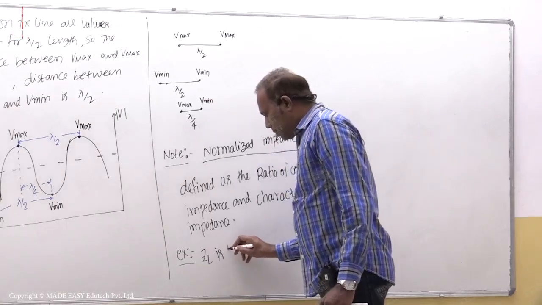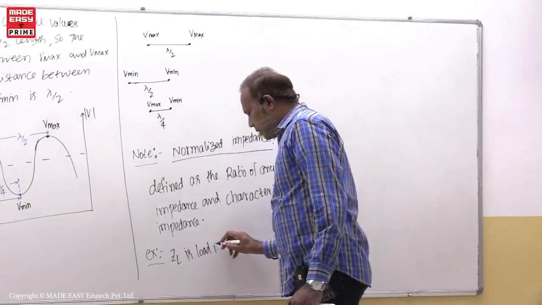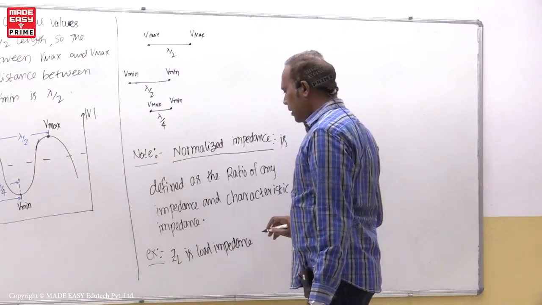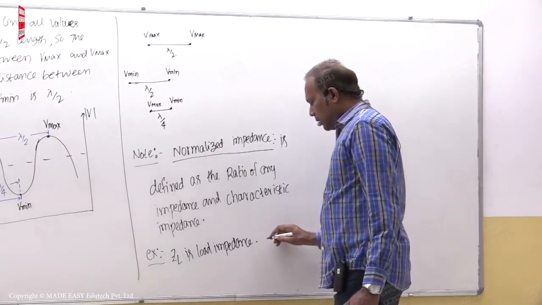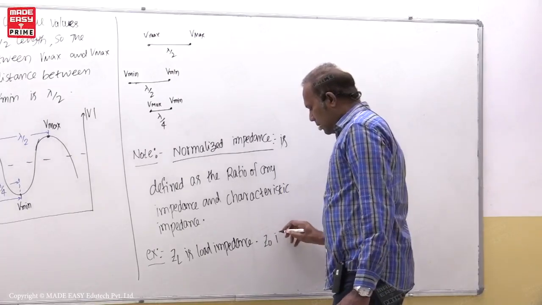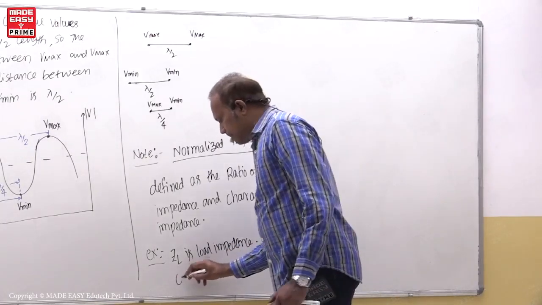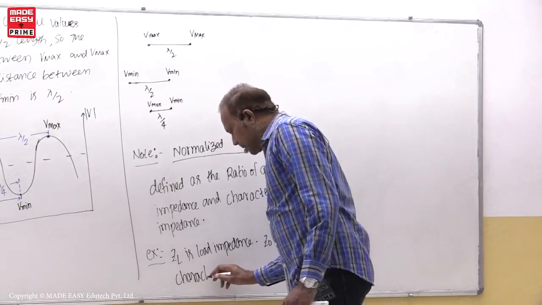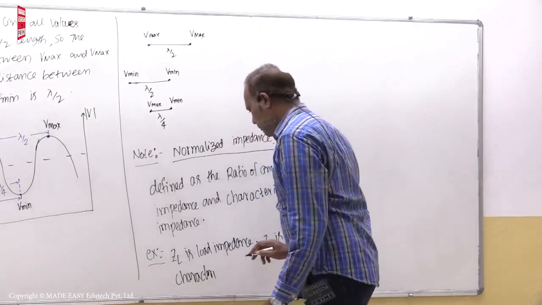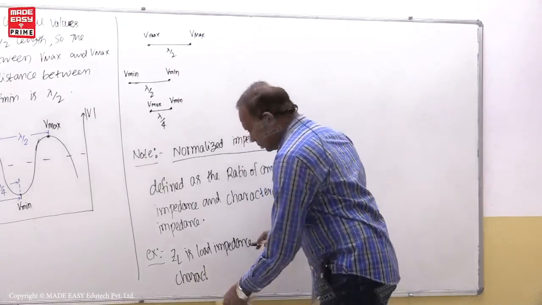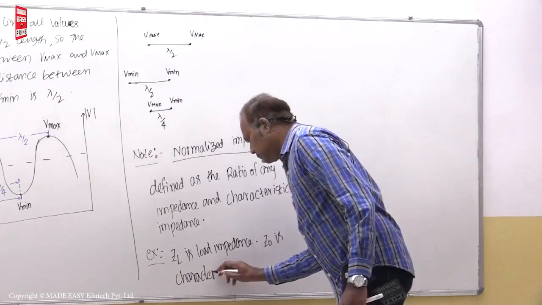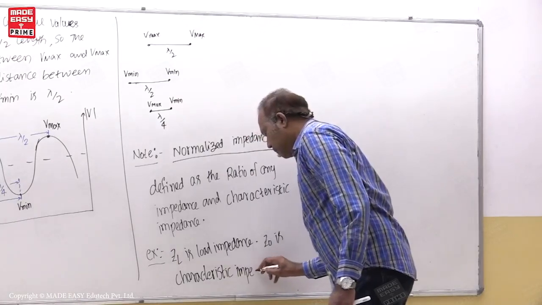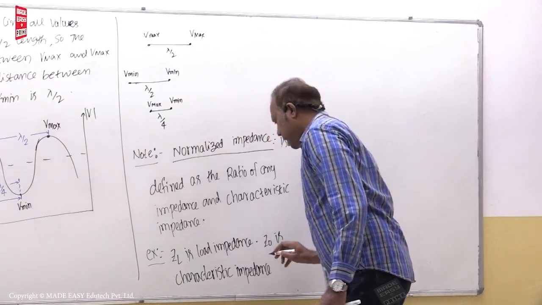Example I will tell you. ZL is the load impedance. Z0 is the characteristic impedance.